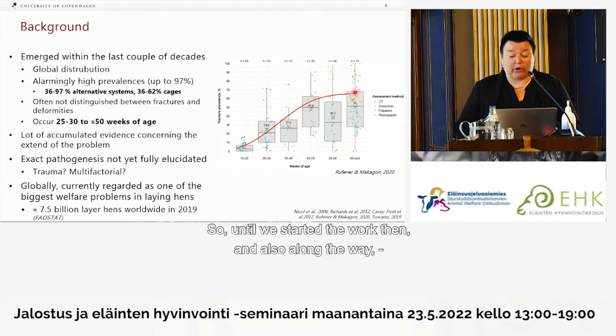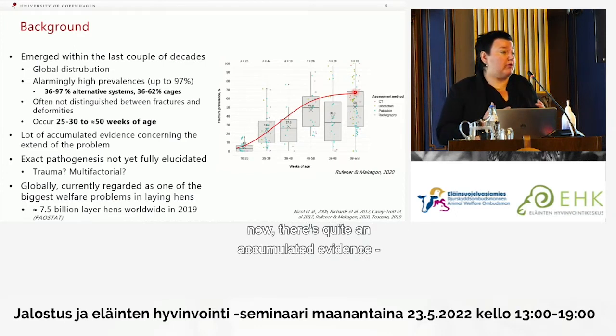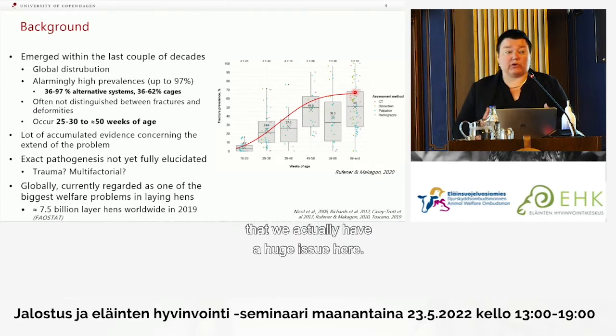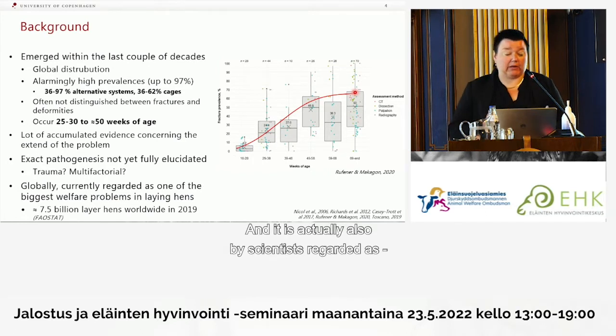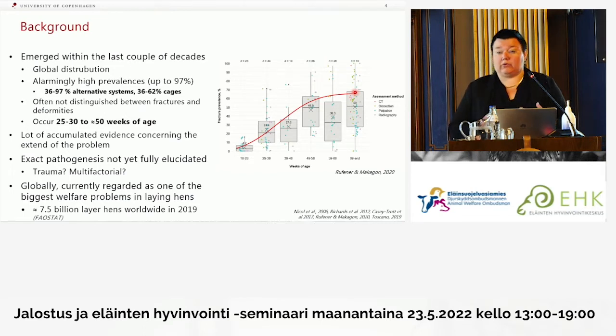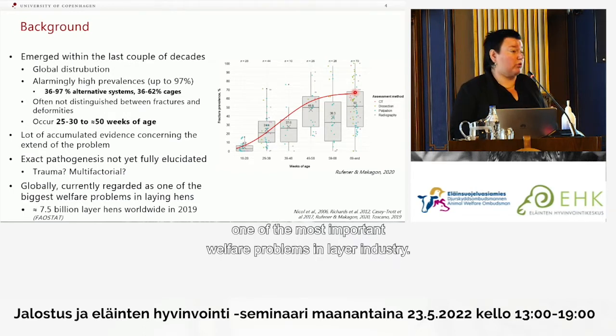Until we started the work, and also along the way, there's now quite an accumulated evidence that we actually have a huge issue here. It is also regarded by scientists as one of the most important welfare problems in the layer industry.